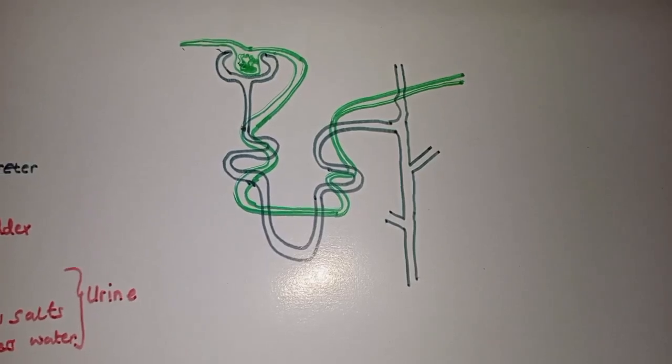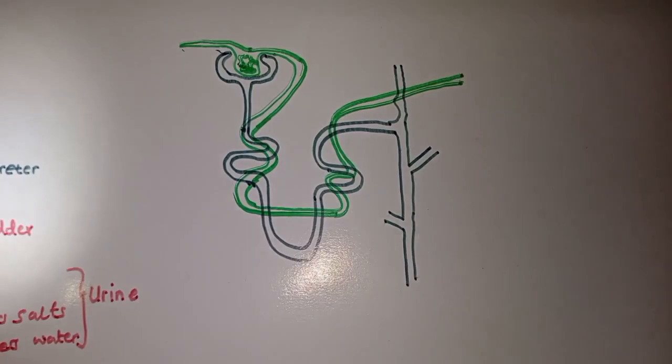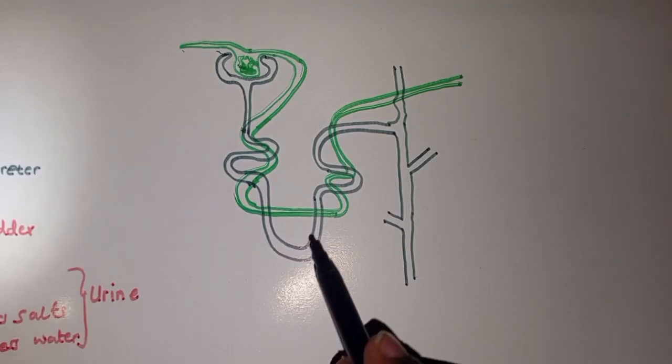Okay, so now we go to what we call the kidney nephron. The kidney nephron is where everything is taking place. So I'm going to label it. You see this structure here?